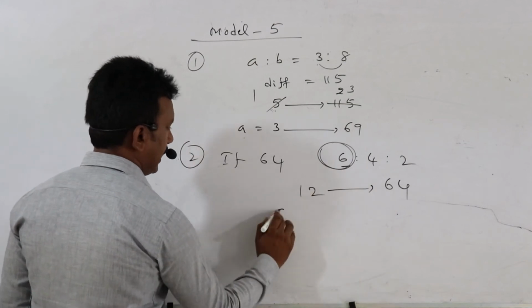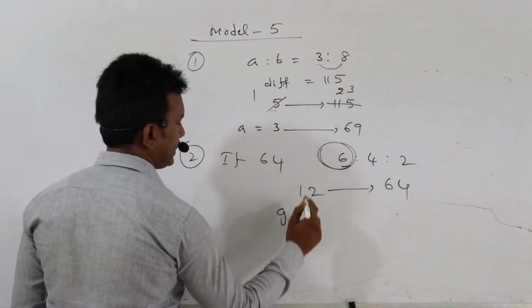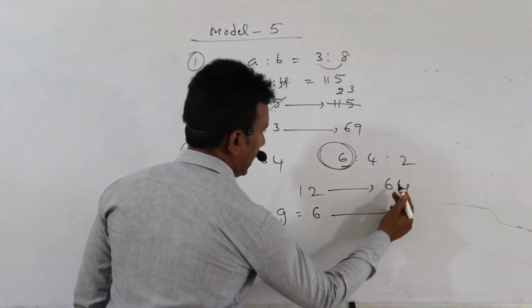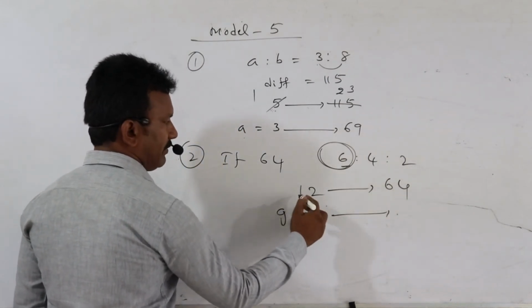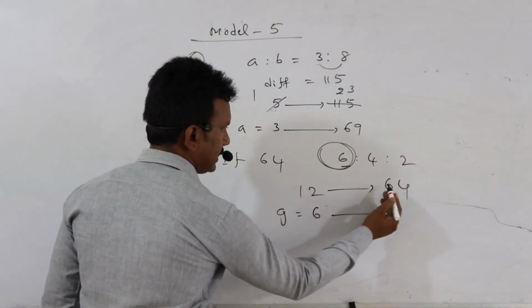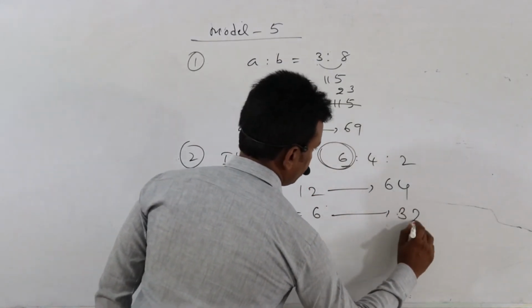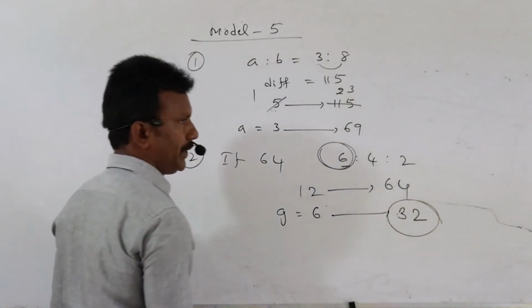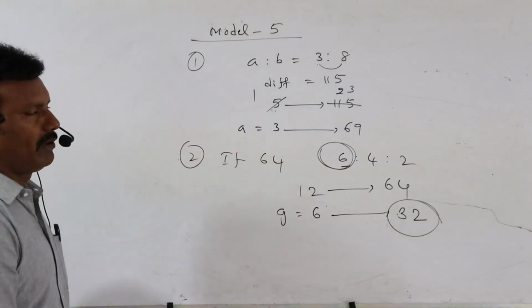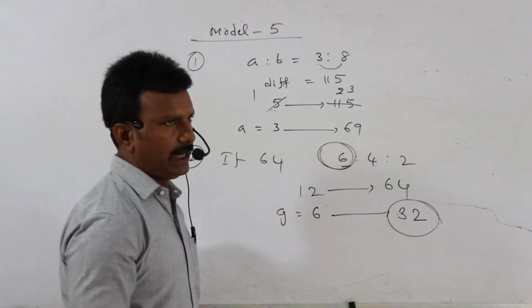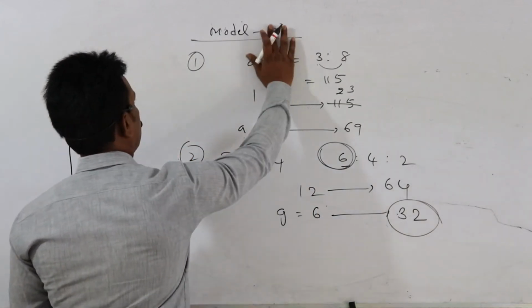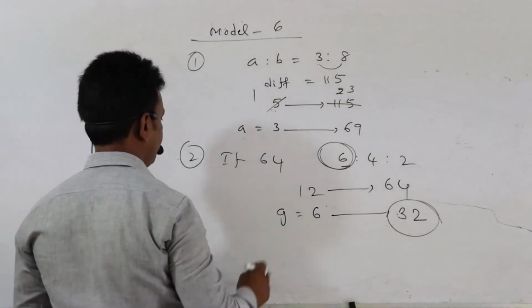The greater part is 6, that is half of the number. So 12 parts is 64, then half of the number is 32. So our answer is 32. So this is our model 5. Next we write the model 6.